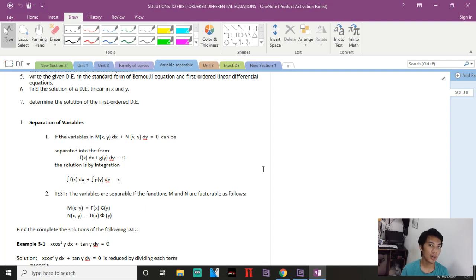Okay? Kung maka-separate na sila, so, ibig sabihin, i-factor out and then you simplify and we will arrive with the function of x and the function of y in terms of g dy equal to the constant kapag in-integrate mo.